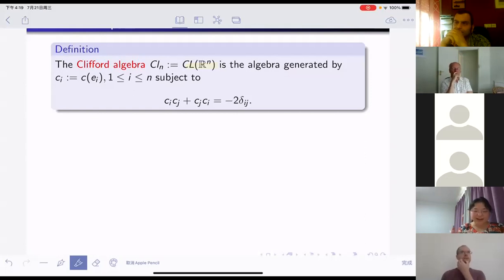So we say a Clifford algebra is an algebra generated by an orthonormal basis e_i for R^n, where each e_i corresponds to some elements in this algebra satisfying this condition. This condition is the same as the condition that is satisfied by the Pauli matrices in dimension 3.